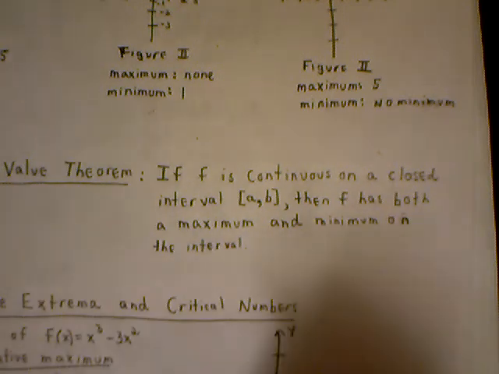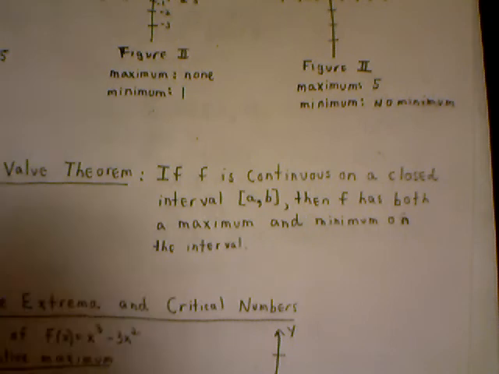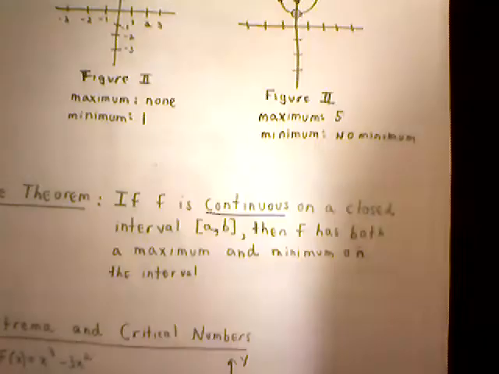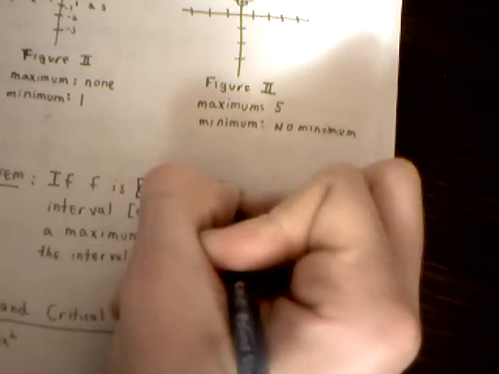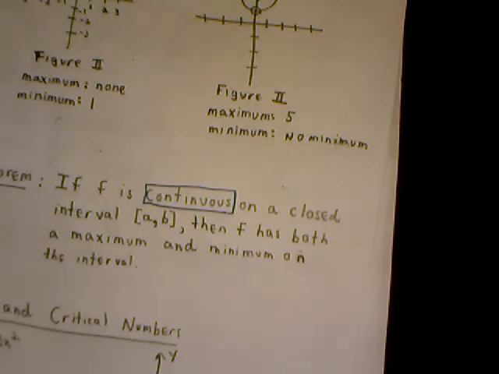So the big idea here is go ahead and underline continuous. For the extreme value theorem to apply, a function has to be continuous. Underline, highlight, box that. This will be on the AP exam.